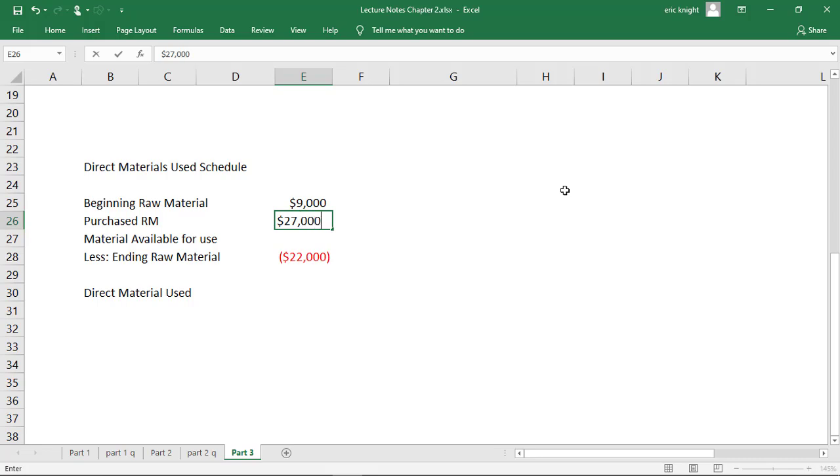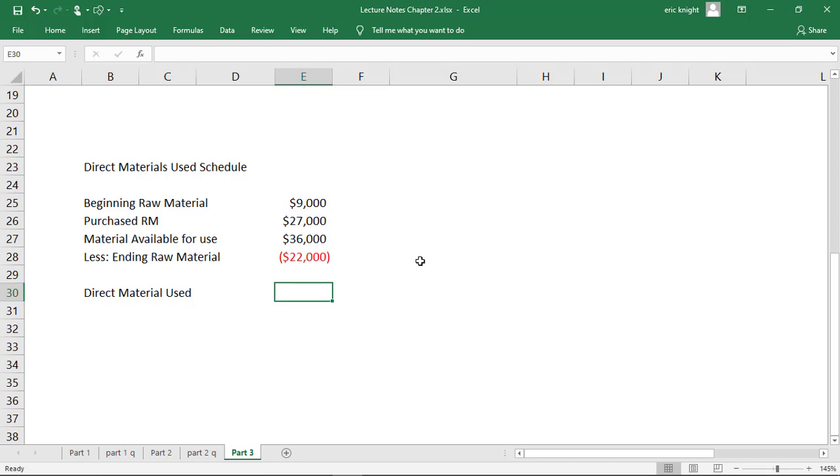You could actually go to your purchase department and find this out. So if you add up what you started with and what you purchased, that means you had $36,000 worth of material available for use. If you subtract what you ended with, because if you ended with $22,000 of raw material, that means you didn't use it.